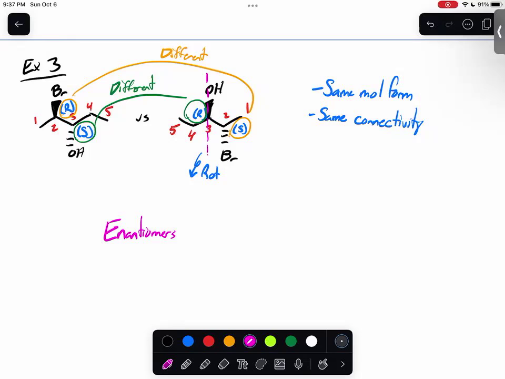We can do a flip because that'll put the bromine on the left hand side of the molecule. And since it's a 180-degree flip, it's going to change that stereochemistry. Same with the alcohol here.